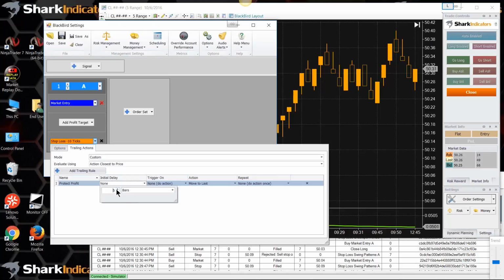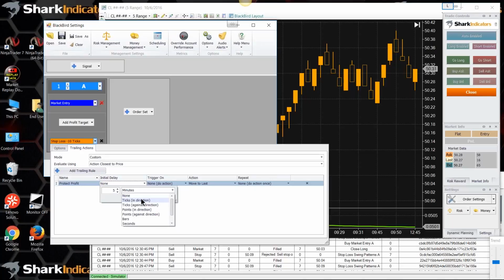For example, after 5 bars go by, you could do something with your stop loss or your profit target, or after 5 minutes, whatever kind of timing delay. But in this case, we're going to do ticks in direction. In direction basically means a profitable move.